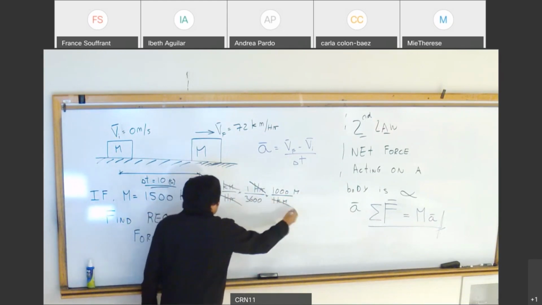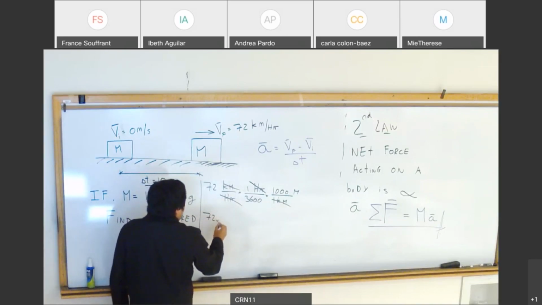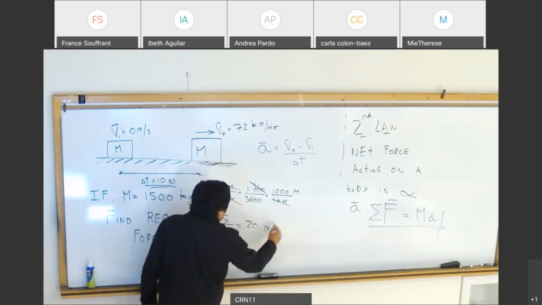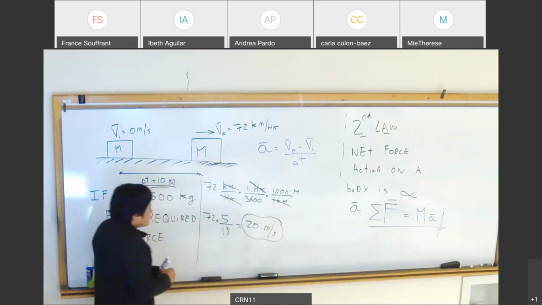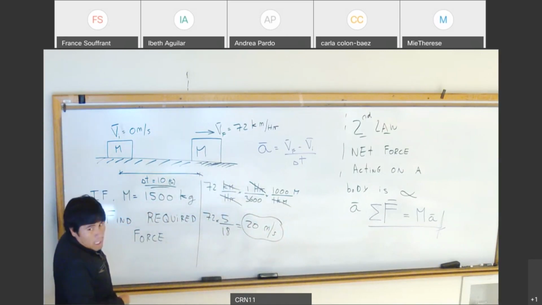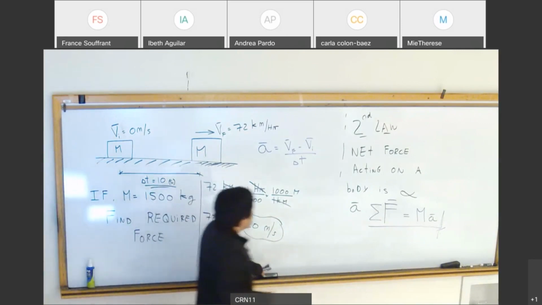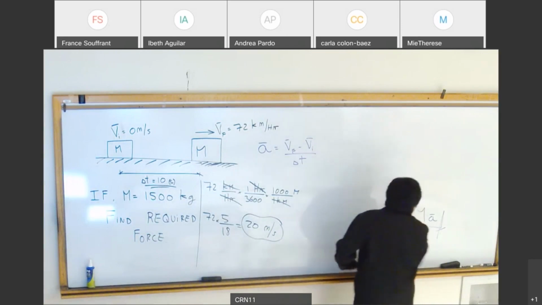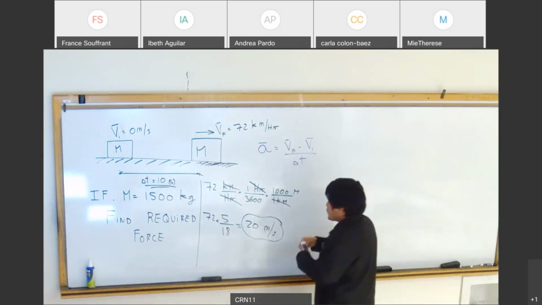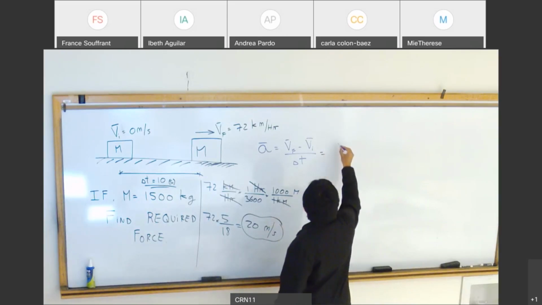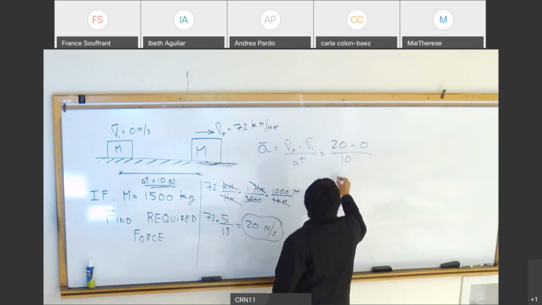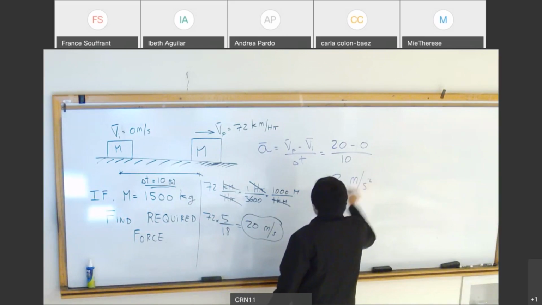Hours, kilometers. That will give you 72 times 5 over 18, which is exactly 20 meters per second. So I have my final. So the acceleration will be, using this equation, 20 minus 0 divided by 10 seconds. That will be 2 meters per second squared.